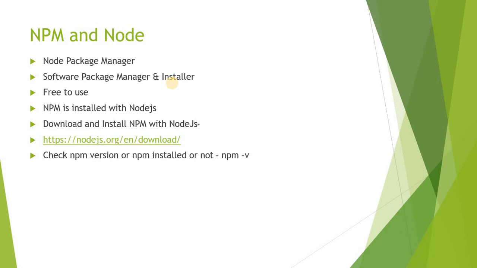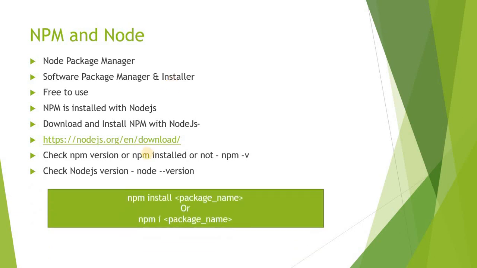If you want to see whether npm and Node.js are installed on your machine or not, you can simply type npm -v, and to check the Node.js version, you can type node space hyphen hyphen version.